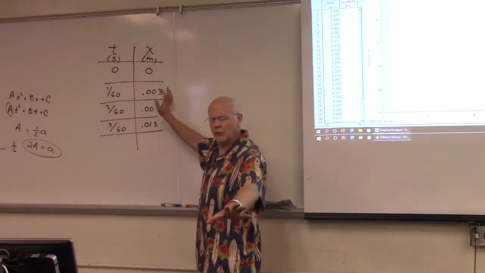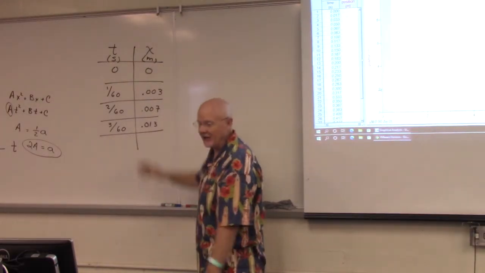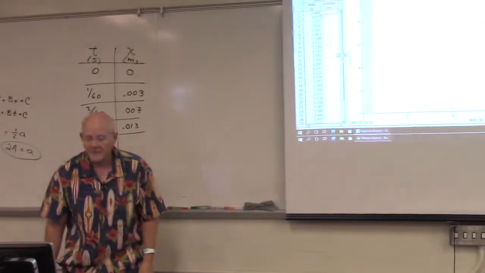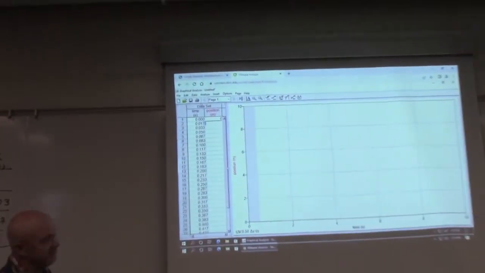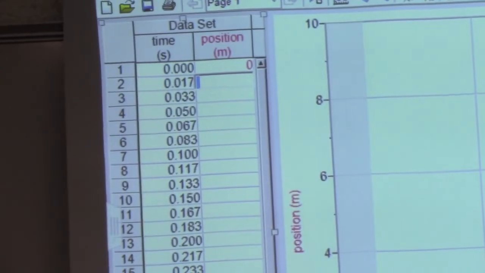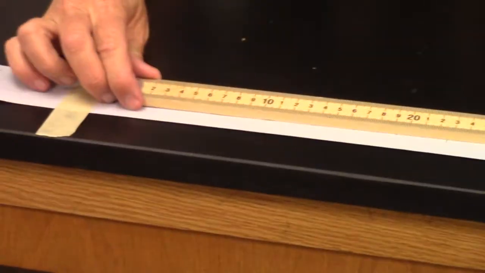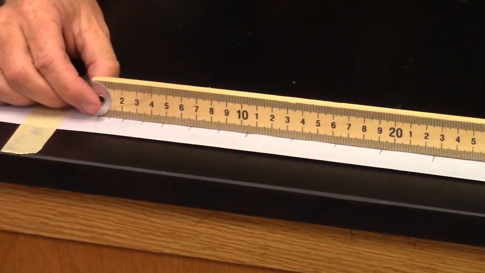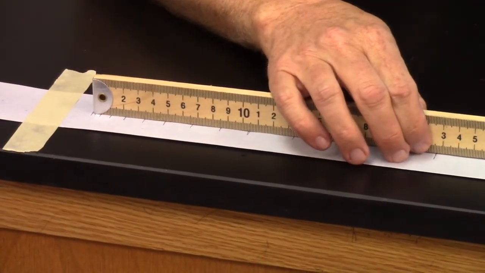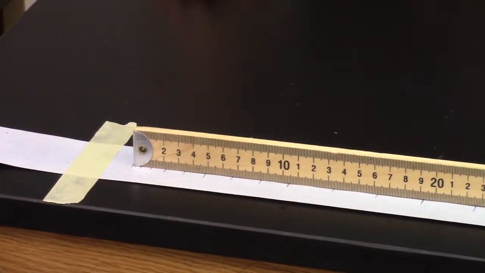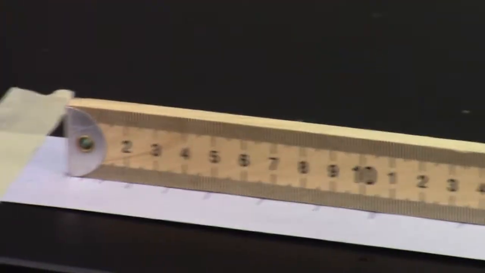0.03. Well, actually, no, I'm going to let you look at them. So forget I did this. But I will say this. The very first one, you need to put a 0. And so the very, very first one is going to be a 0 because I'm going to put the meter stick right at that first one. And then, I might have to circle around to the front of my table just to make sure that you're going to be able to read that on the video.